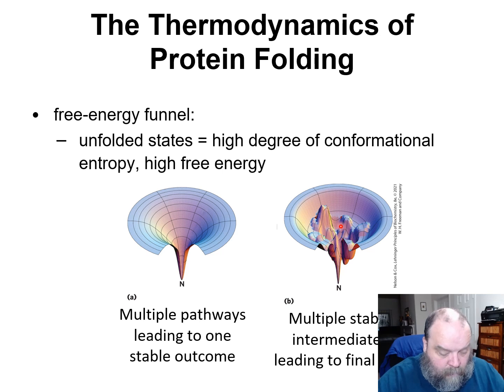Multiple stable intermediates leading to a final folded stable protein. Which one is it? Well, honestly, it's going to depend on which polypeptide you're talking about. Some of them are going to be more A, some of them are going to be more B, and there's going to be degrees between the two.